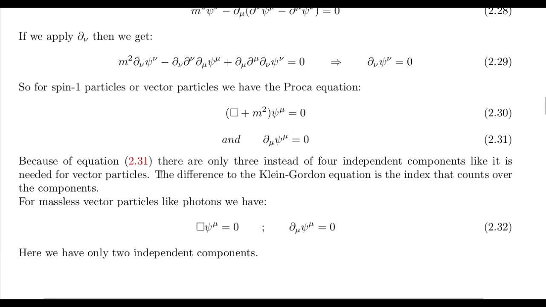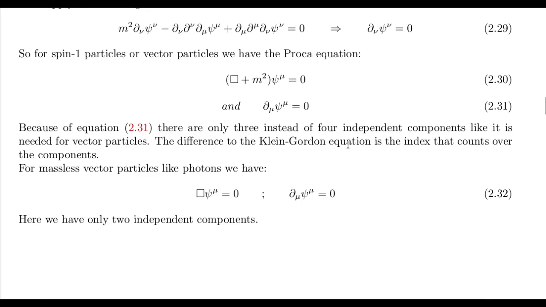And if we have massless particles, for example, the photon is a particle with spin 1, but with no rest mass, then m is vanishing, and so we have only this wave equation for spin 1 massless particles. And that means we have only 2 independent components. Yeah, that's what we need for photons.